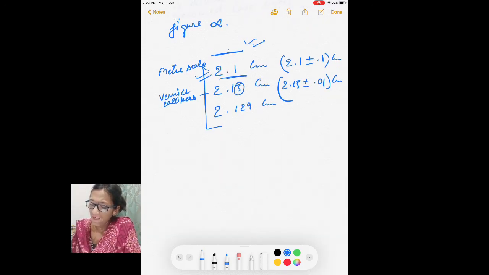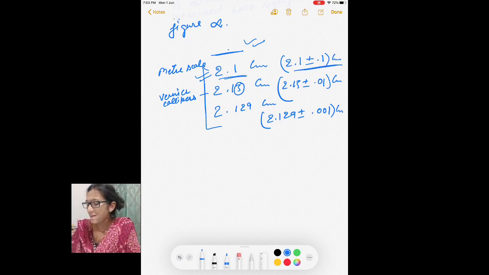Now after that you have a screw gauge which measures up to a thousandth of a centimeter. This result you can write as plus minus 0.001 centimeter.